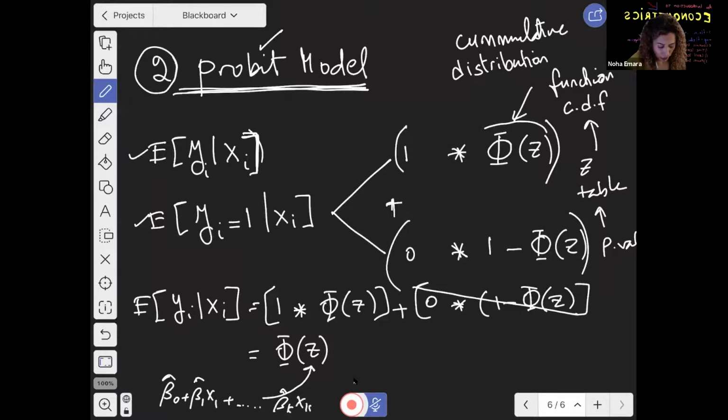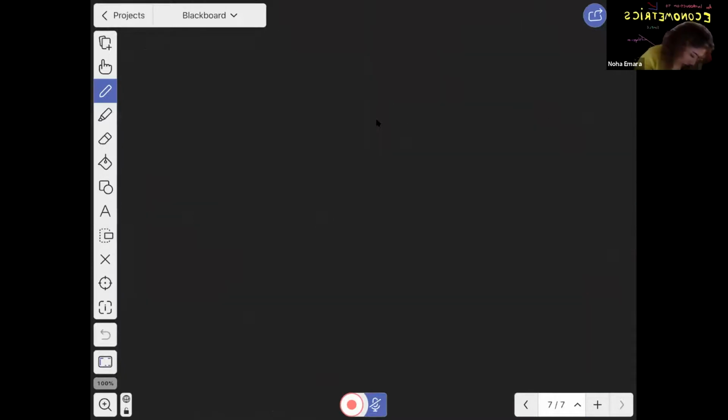Let me show you in the same example. Let's just continue with the example that we have. Again, suppose that I have the same example, family income, each unit is in $1,000.